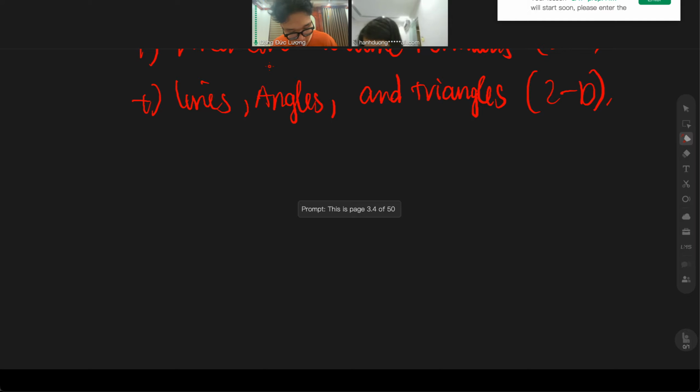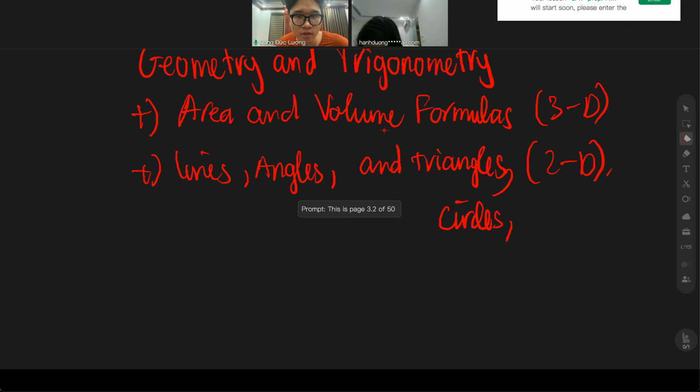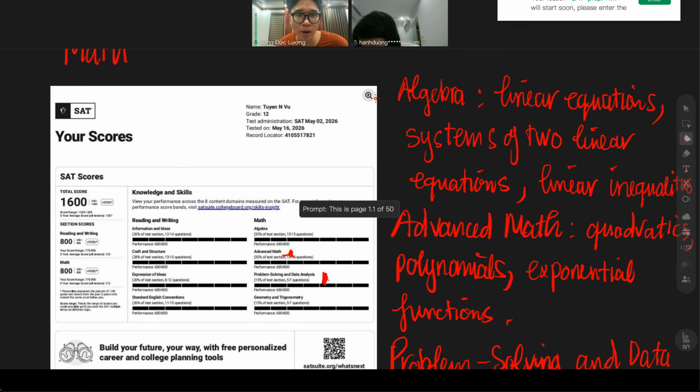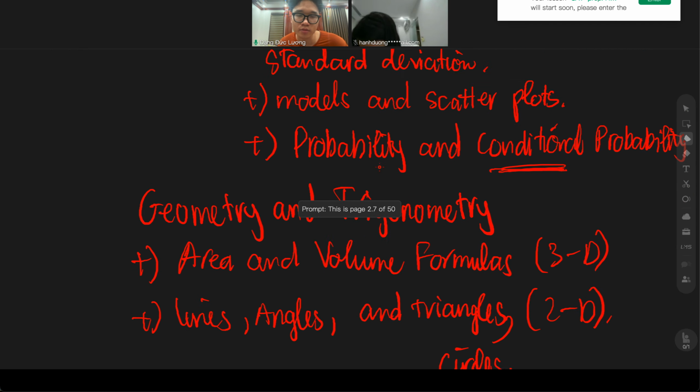They also test you about circles and the basic shapes, like rectangle and square. And that's it. That's all about the math part.